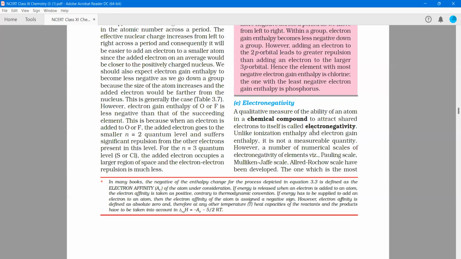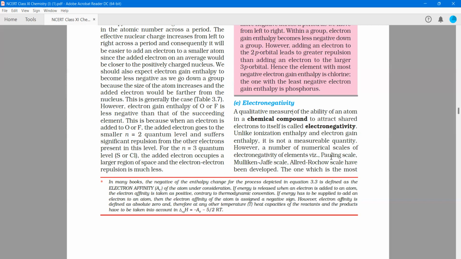There are various scales given by very famous scientists in order to measure electronegativity. Because it is a characteristic of an atom, surprisingly, all of these scales give the electronegativity differently. In order to define electronegativity of a particular atom, you need to assign a value to one atom, and then in comparison to that, define the electronegativity of all the other atoms.